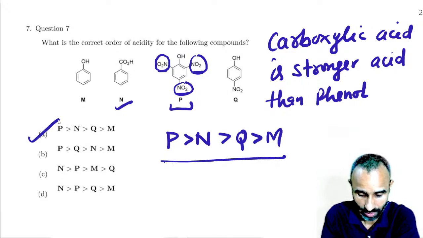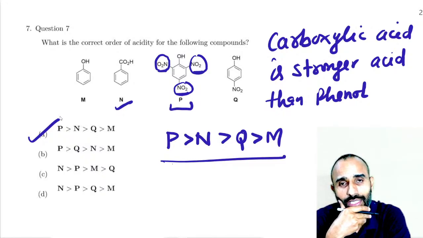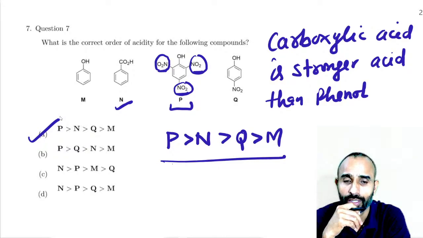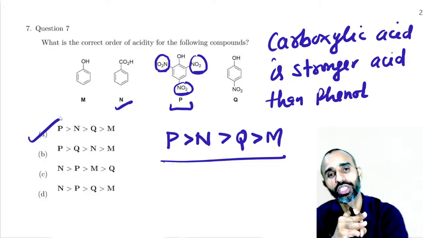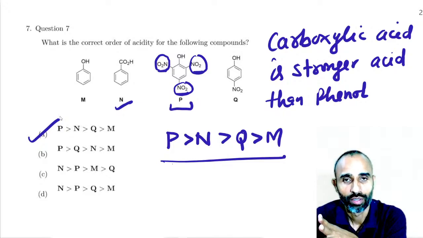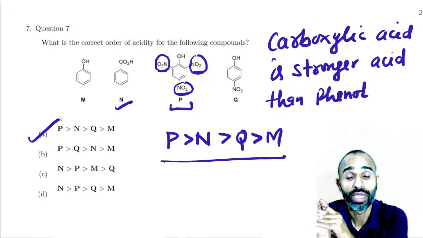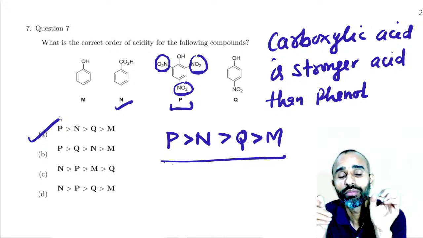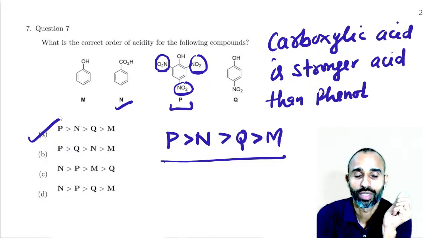And if we compare dinitrophenol with carboxylic acid, then benzoic acid is stronger. If there is 1 nitro or 2 nitro, then benzoic acid is stronger than the mononitro or dinitro phenol. But if we have trinitrophenol, that is more acidic than even benzoic acid. Understood. Okay.